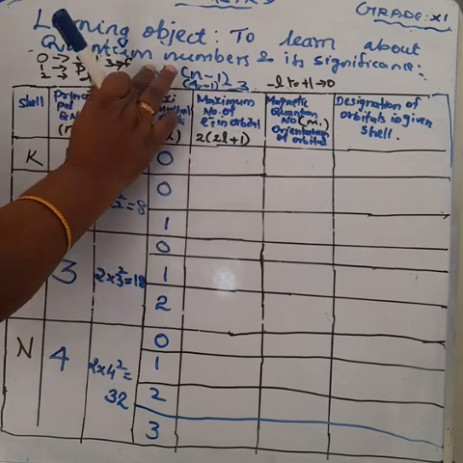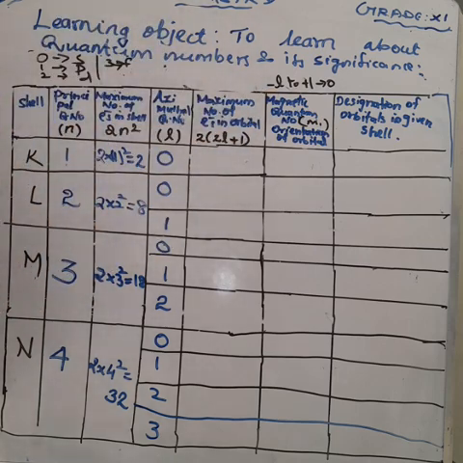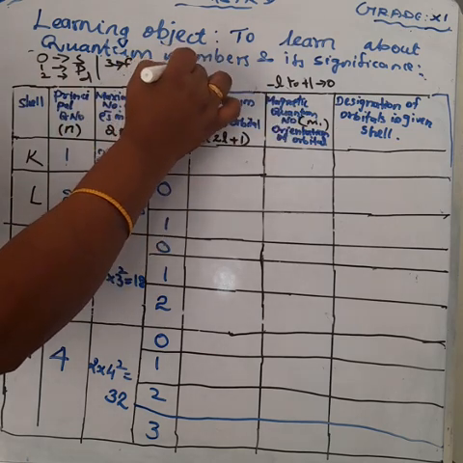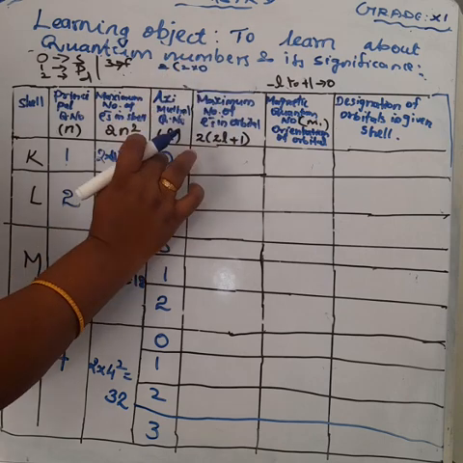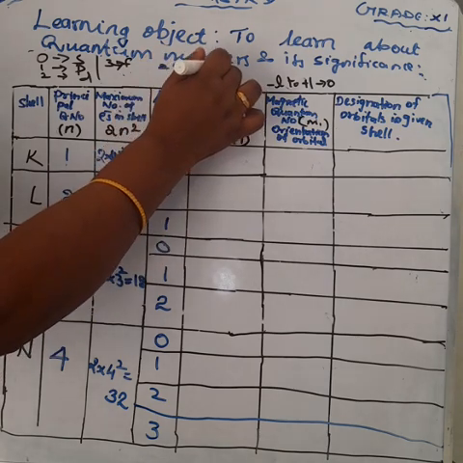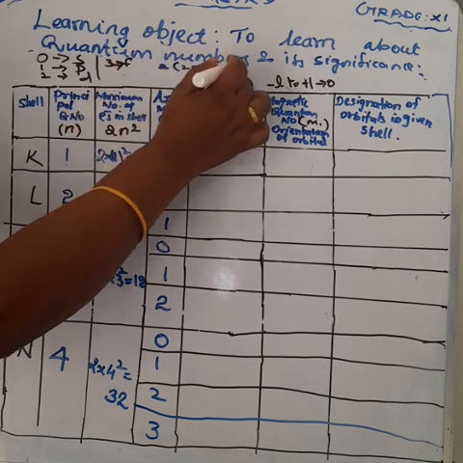So for the s orbital, L value is 0. So 2 into (2 into 0 plus 1), that is 2 into 1, which is 2.